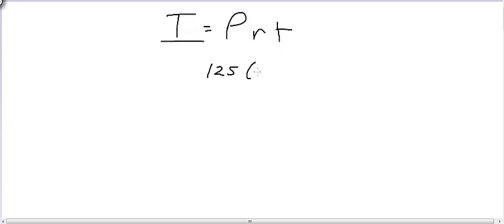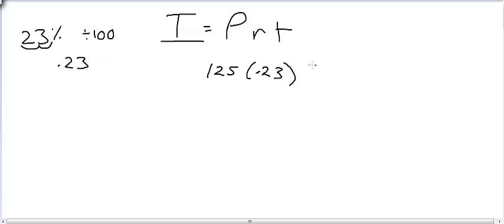The rate, 23%, changes to 0.23. Remember, 23%, when I divide by 100, it changes to a decimal. I move my decimal point 2 spaces to the left to make 0.23.